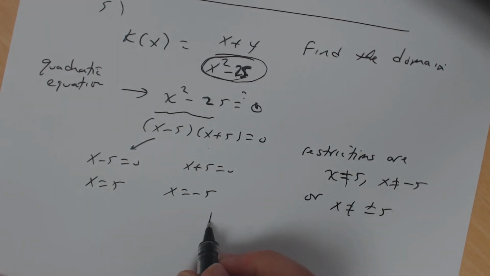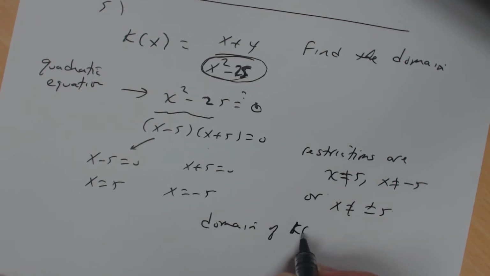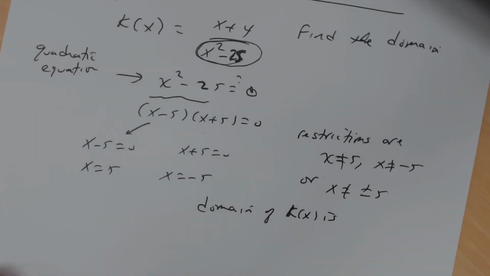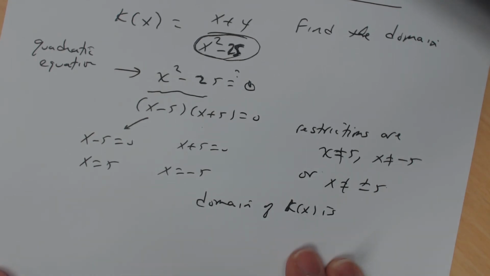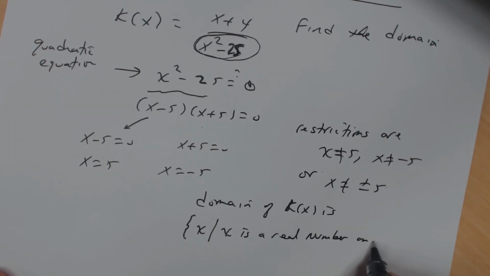So let's write the domain. The domain of k of x is, remember we have to write in set notation now. So you say the set of x's such that, you have to write the symbol, such that x is a real number and x cannot equal plus or minus 5.